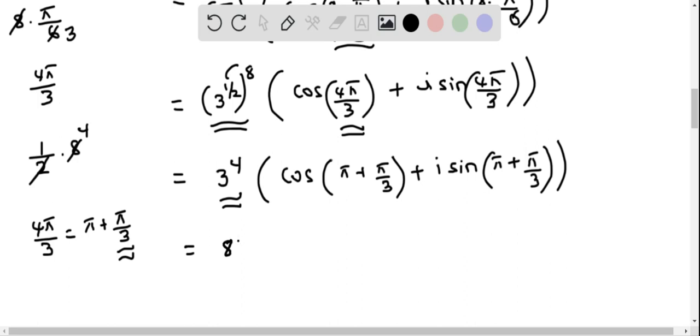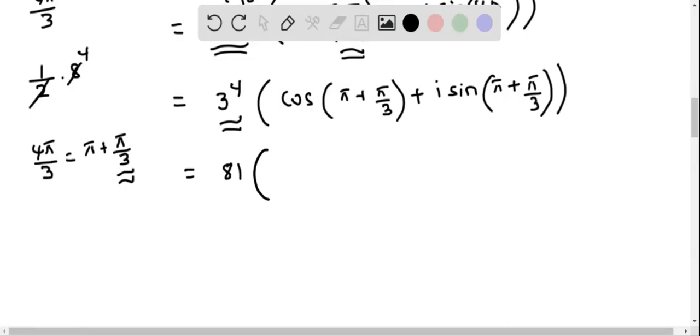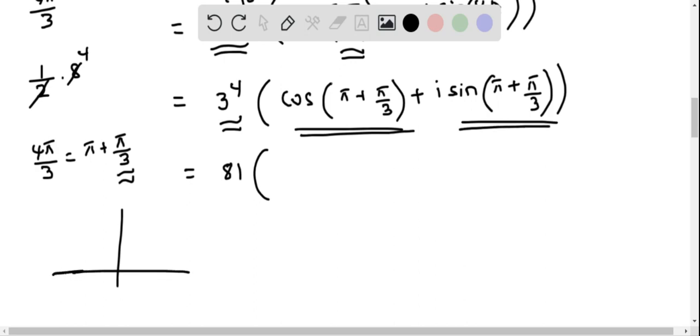In the next step, this 3 power 4 is 3 multiplied with itself 4 times, so it is 81. And then this times, now we can use this quadrant information to calculate this expression as well as this expression. So let me draw this quadrant thing. This is the first quadrant, where every ratio is positive, and in the second quadrant sine and its reciprocal are positive, and in the third quadrant, that is cosine, is positive.